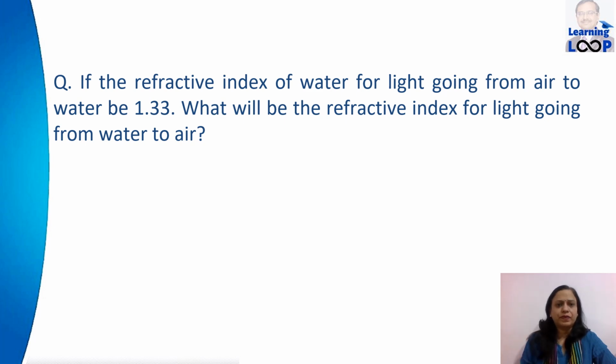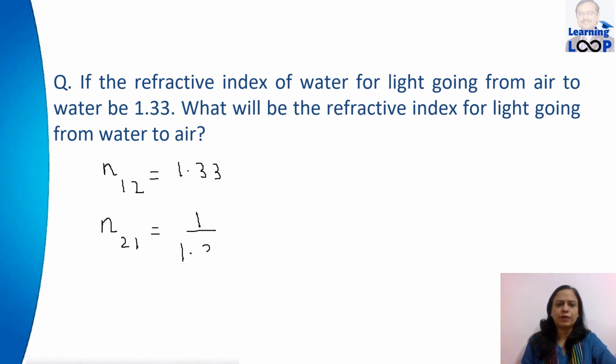Another question: if the refractive index of water for light going from air to water is 1.33, what will be the refractive index of light going from water to air? These types of questions are again very simple. If you know the refractive index of medium 1 with respect to medium 2 is 1.33, and you have to find out the refractive index of medium 2 with respect to medium 1, you simply take the reciprocal.